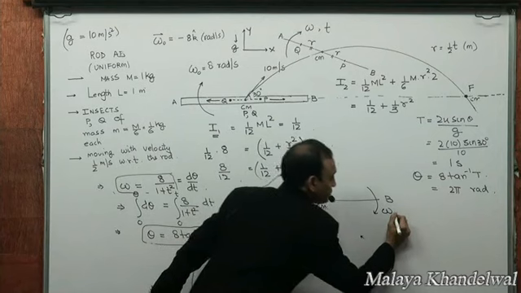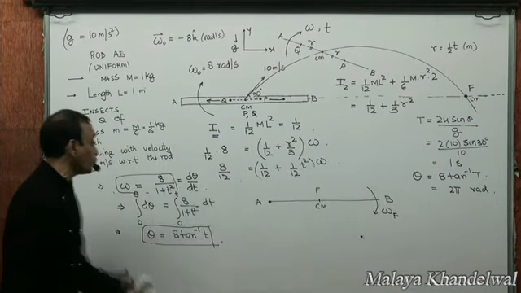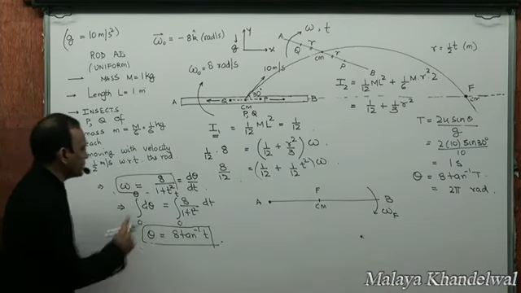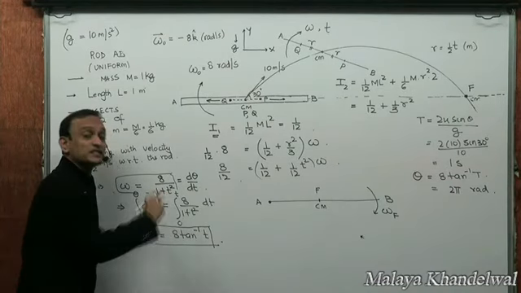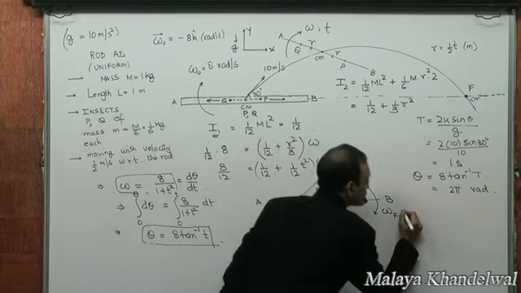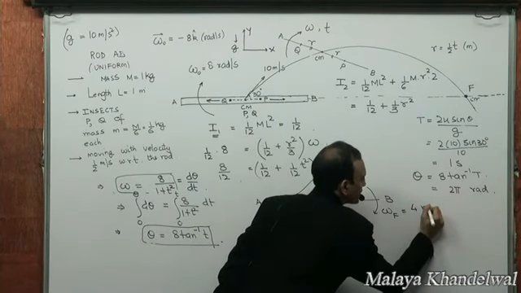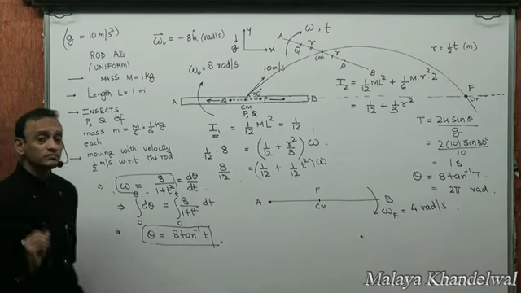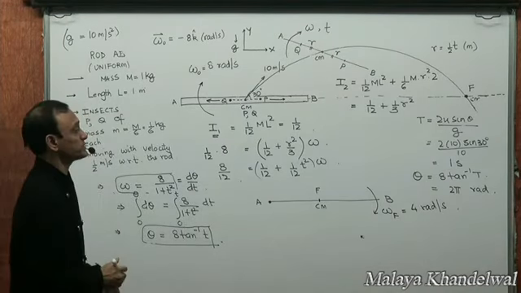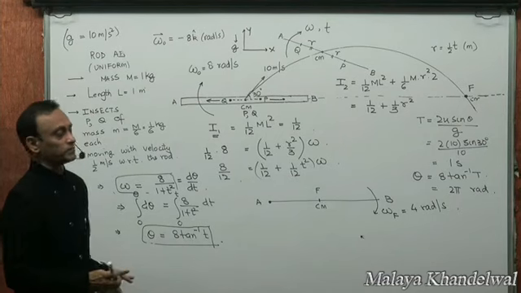Let's say ω_F is the angular velocity acquired by the rod. What's the angular velocity acquired by the rod in this time? Put t = 1. So that makes it 1 + 1, 2. So that makes it 4 radians per second. So omega at this instant is 4 radians per second.